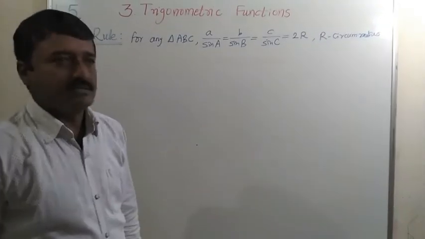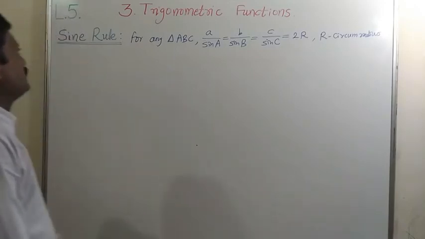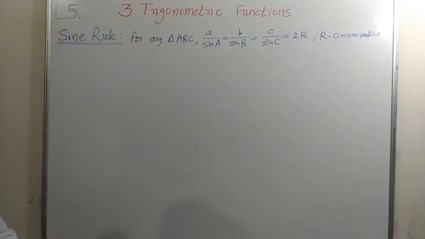Circumradius means the radius of the circumcircle of triangle ABC. This is the sine rule. Let us try to prove this sine rule.